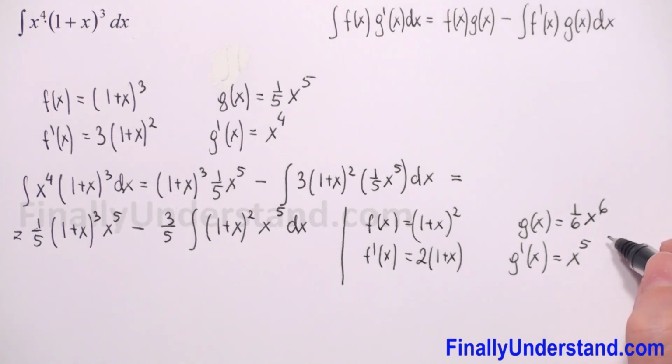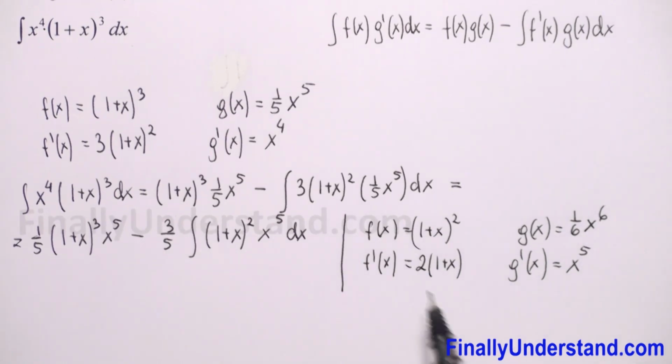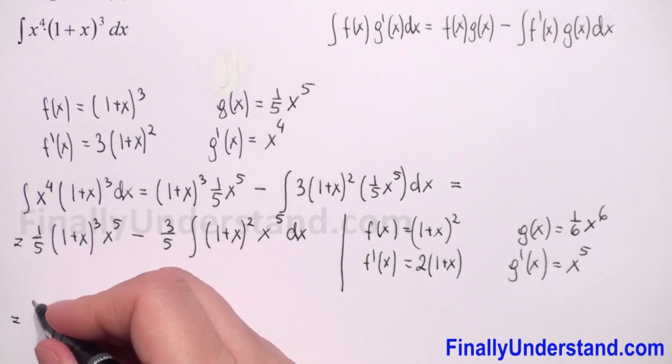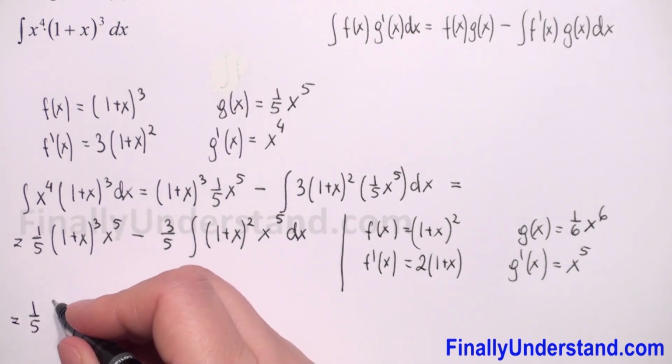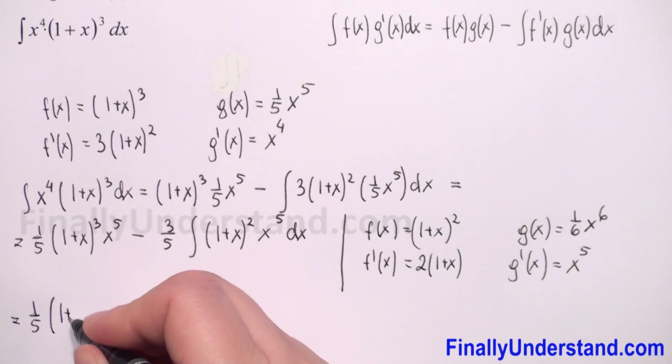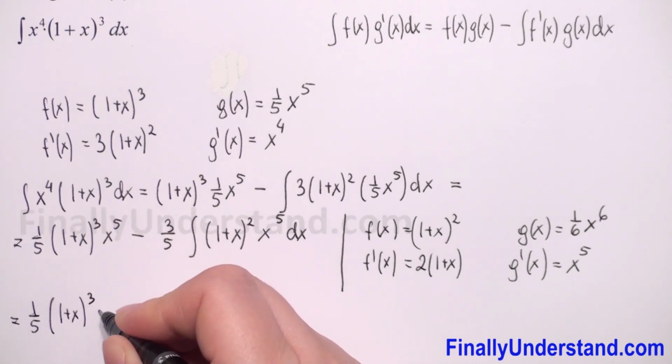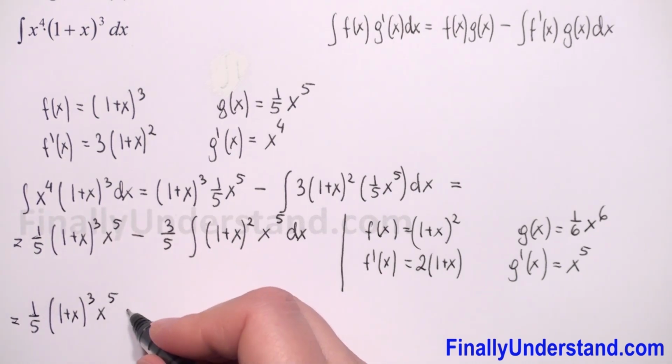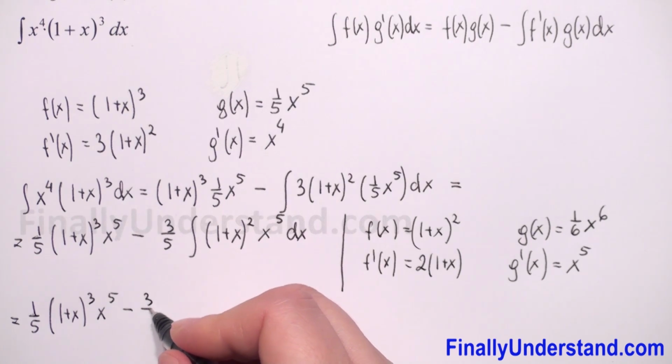So now we can substitute into our formula. Let me copy the beginning first. We have 1 over 5 times (1 plus x) cubed times x to the 5th power minus, we have to copy 3 over 5.